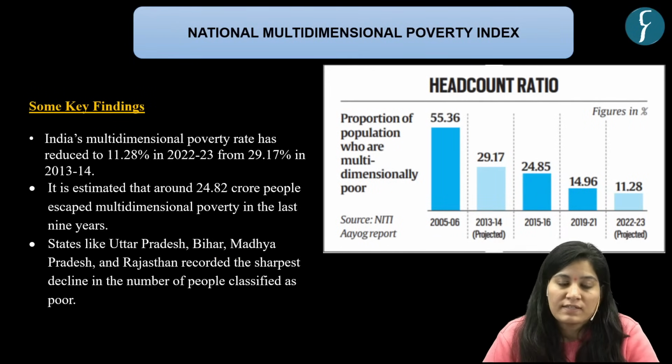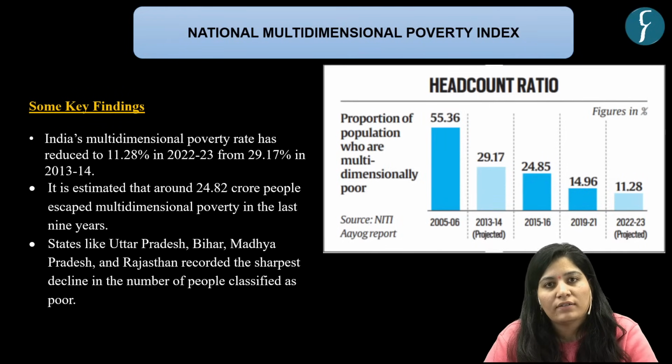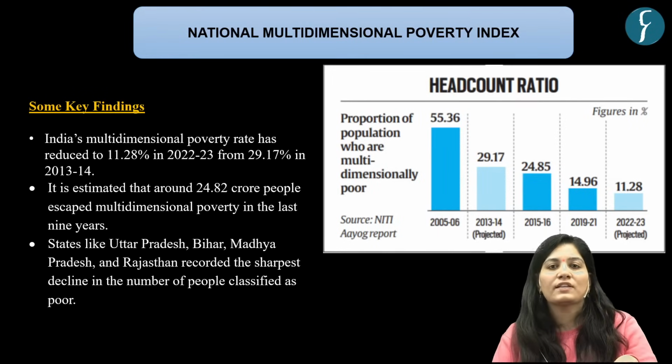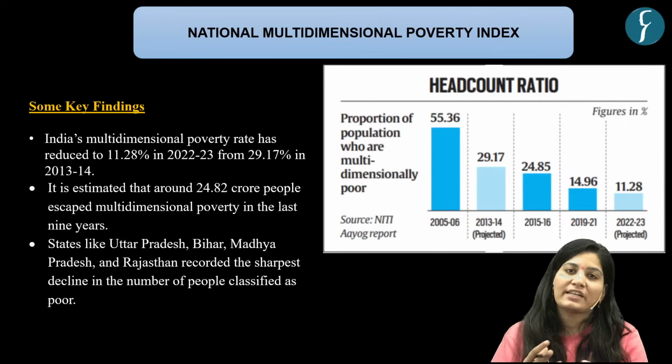In our previous discussion, we have discussed various committees like the Tendulkar Committee, Alagh Committee. These committees came up with recommendations to estimate and map poverty, and this mapping is based on consumption expenditure.